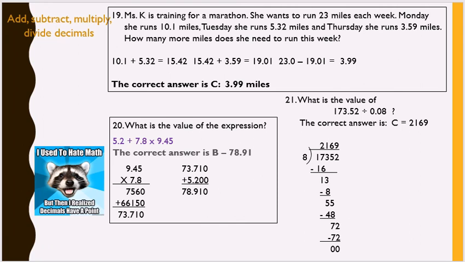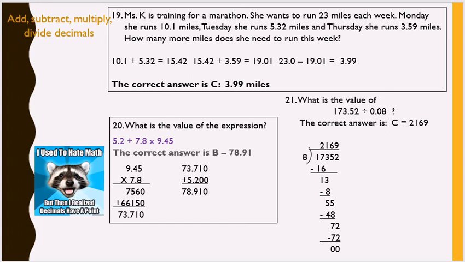Number 19, well, we know she wants to run 23 miles. We know how many miles that she ran on Monday, Tuesday, and Thursday. So we begin by adding the miles for Monday and Tuesday together. 10.1 plus 5.32 equals 15.42.